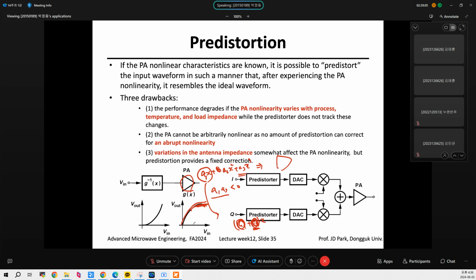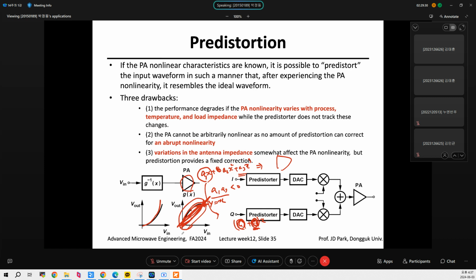Since we know this, what if we make an inversion with respect to y equal x, an inversion function? With the inversion function, the output is linearized.